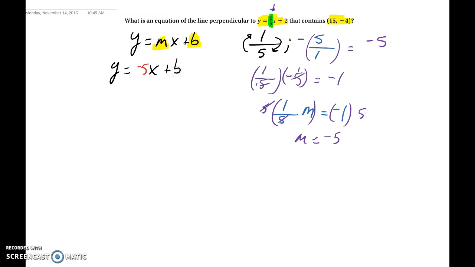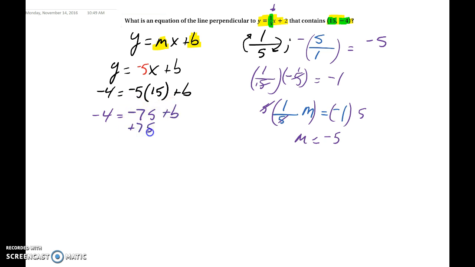So now we know y is equal to negative 5 times x plus b, and just like before, we know that the line passes through (15, -4), so we can plug it in. Negative 4 is equal to negative 5 times 15 plus b. So negative 4 is equal to negative 75 plus b.